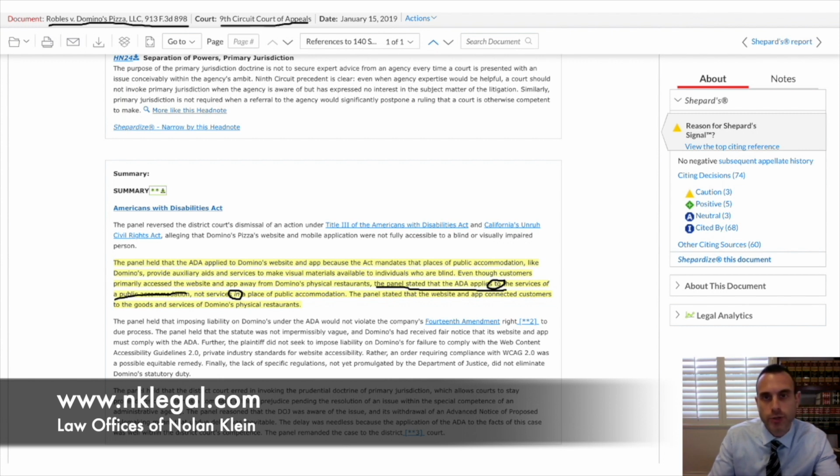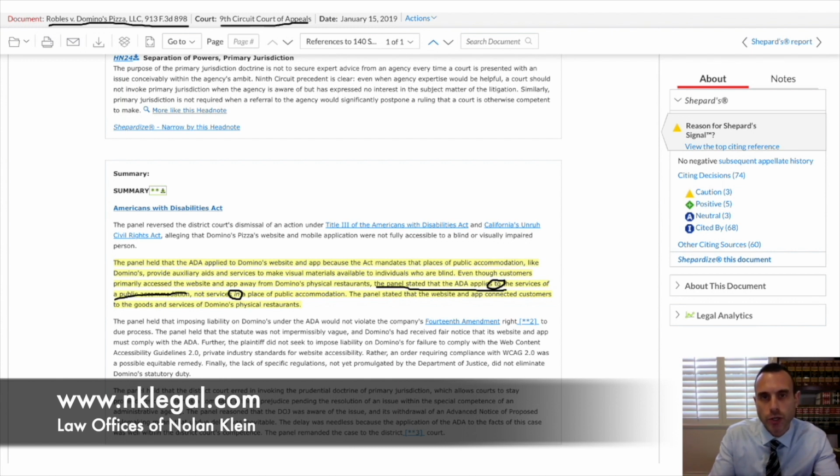Chicago is within the Northern District of Illinois. Buffalo, New York is within the Western District of New York. So every state is divided into these federal judicial districts, and then there are larger circuits, circuit courts of appeal, which apply to multiple districts. So again, for example, the 11th Circuit Court of Appeal covers Florida, Georgia, and Alabama.